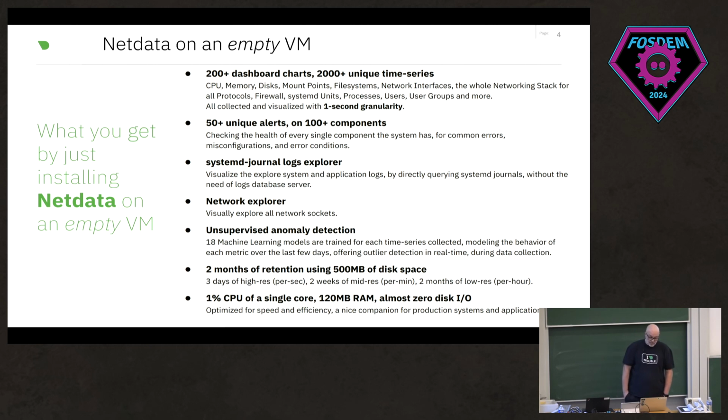A viewer, a logs explorer for the systemd journal, a network explorer for all your connections, unsupervised anomaly detection for everything, so it will learn the behavior, trigger anomalies, and detect outliers. You are going to get about 2 months of retention using half a gigabyte of disk space, and all of this runs with 1% CPU of a single core, 120 megabytes RAM, and almost no disk I/O.